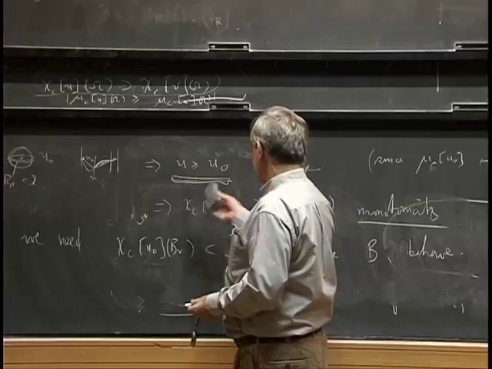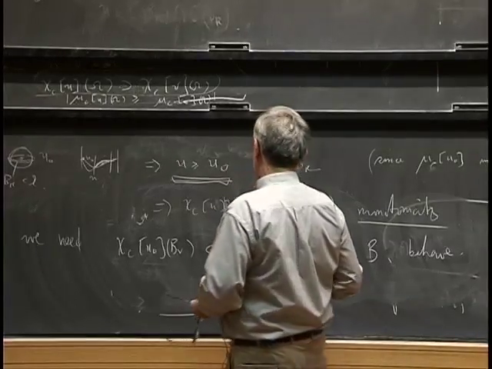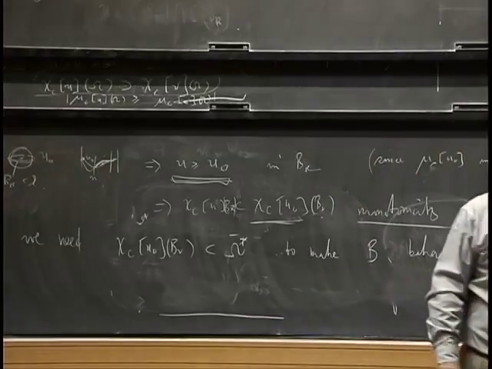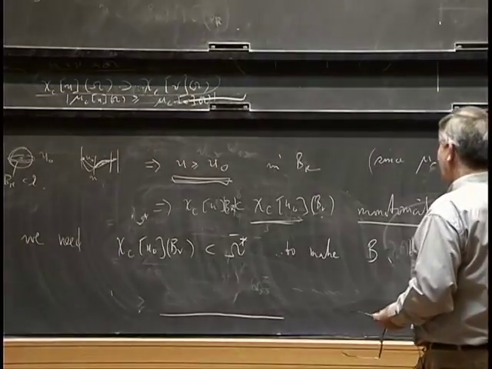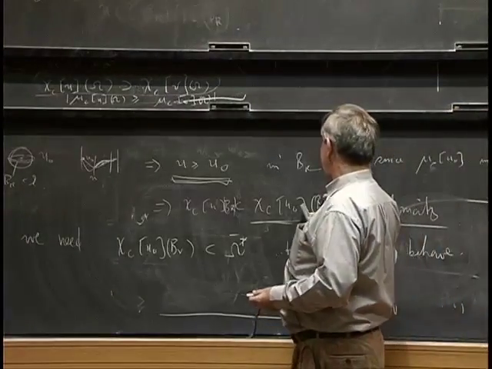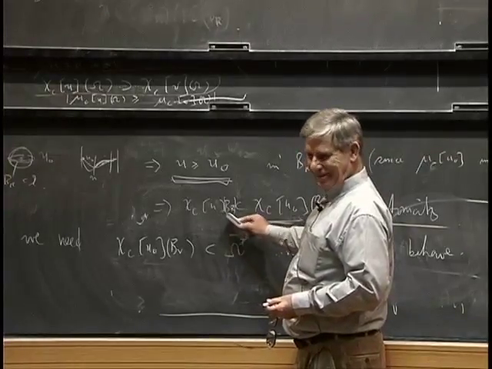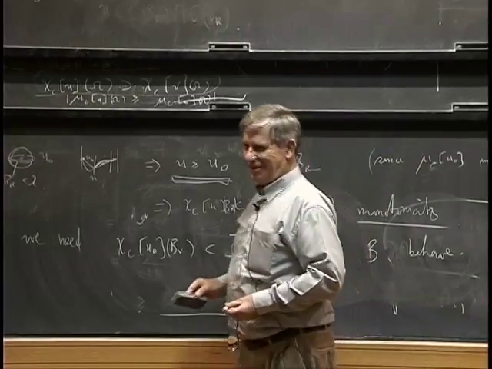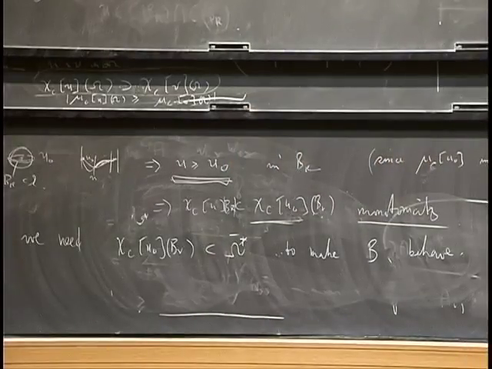So these ingredients have gone in here to get this control. This is only a sufficient condition. If the chi c of u0 went outside, I would never ever be able to control that. But at the end of the day, there is also a counterexample to show that the condition I'm going to give is necessary.